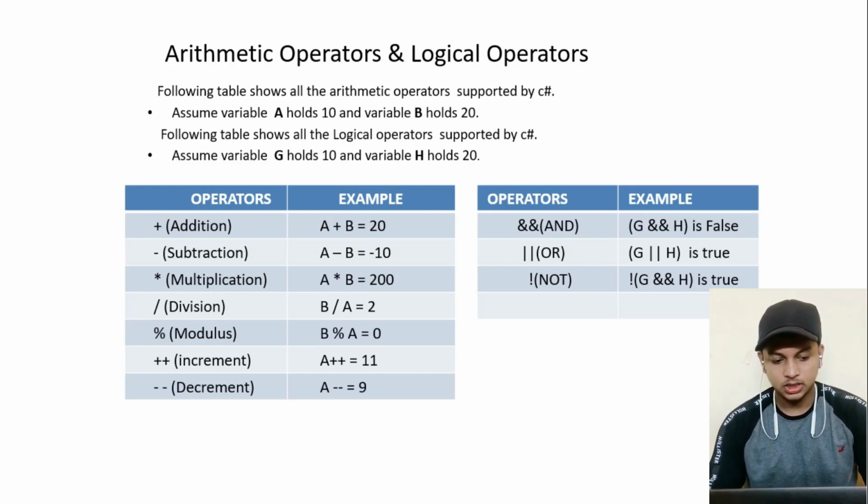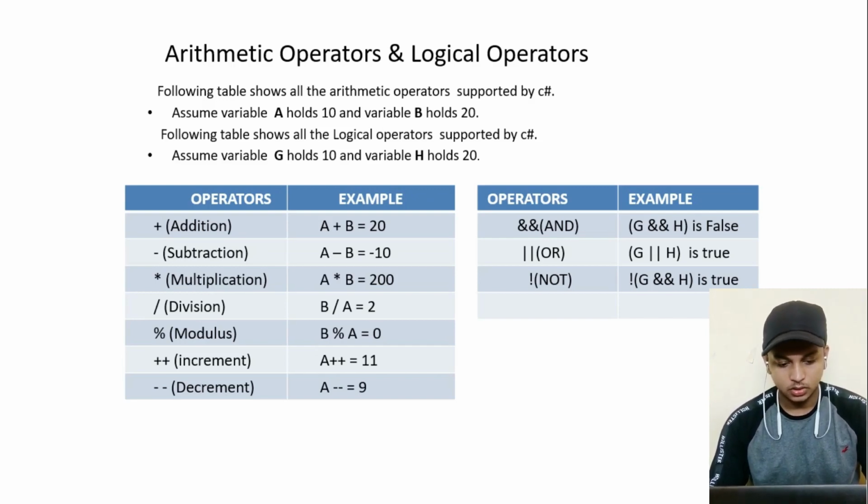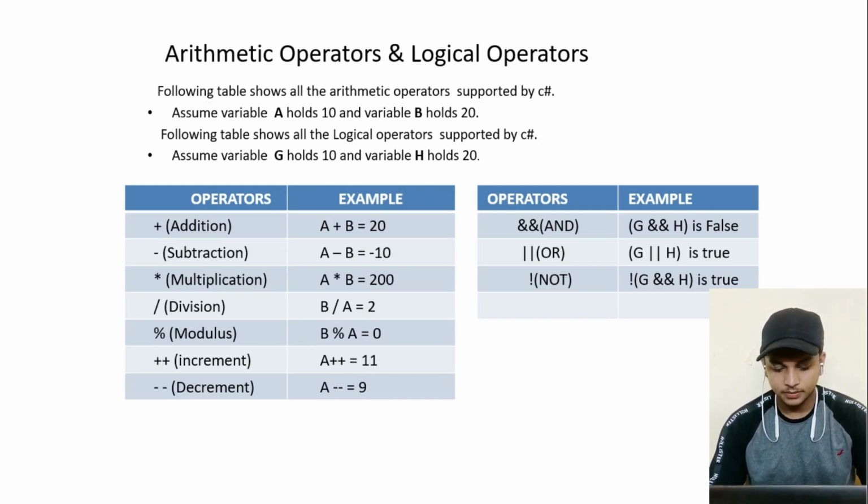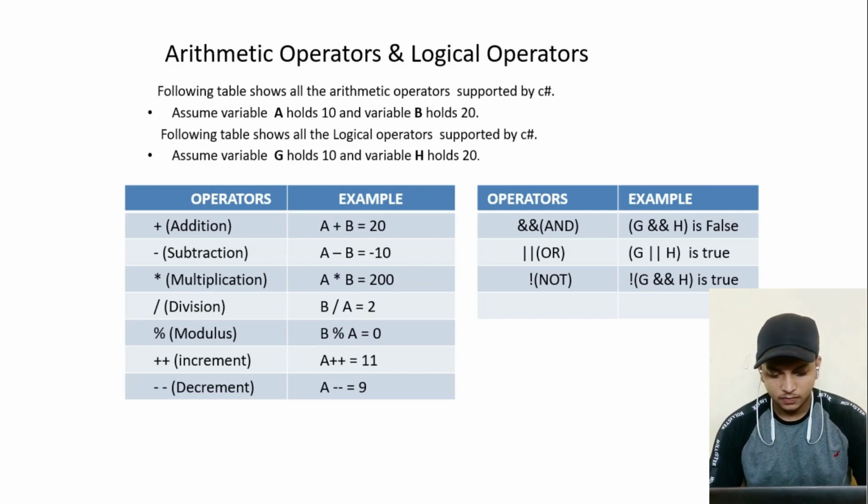Then we have logical operators. First is the AND operator: if both the operands are non-zero, then the condition becomes true, otherwise it is false. Then we have the OR operator: if any of the two operands is non-zero, then the condition becomes true, otherwise it is false. At last we have the NOT operator. It is used to reverse the state of the operands.